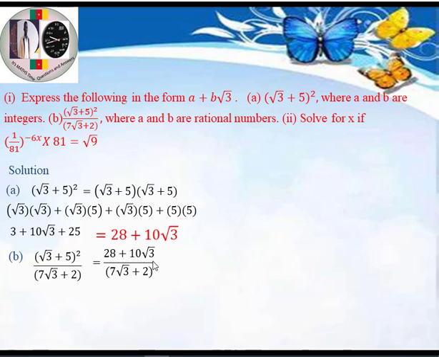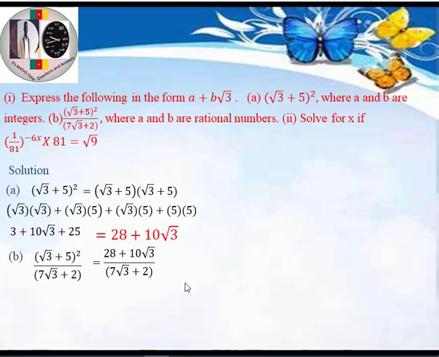So to rationalize the denominator, or look for the conjugate, we simply change the sign between the constant and the square root section. So the rationalization of the denominator will simply be 7 root 3 minus 2. Instead of plus, we change the sign to minus. If it was minus, we change the sign to plus. So that's all about rationalizing the denominator of a surd.